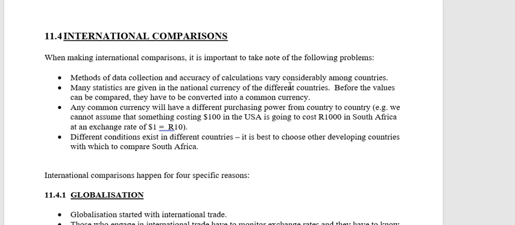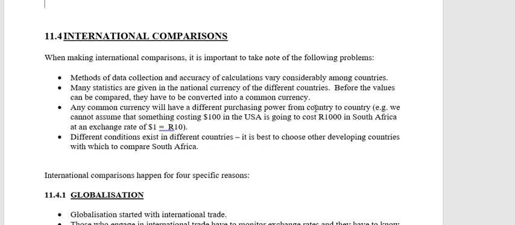So when we make comparisons, we also need to look at how exactly the data was collected that the indicators are based on, and how accurately those calculations have been done. We can only really make a comparison between us and another country if the methods of data collection are more or less similar and the accuracy and the way of the calculation is also very similar.